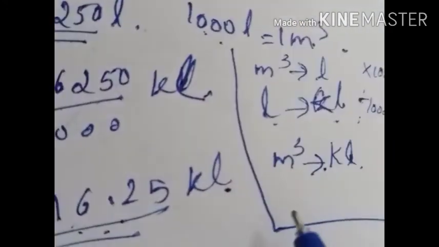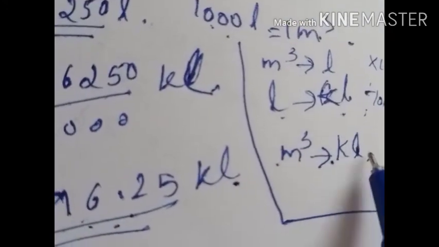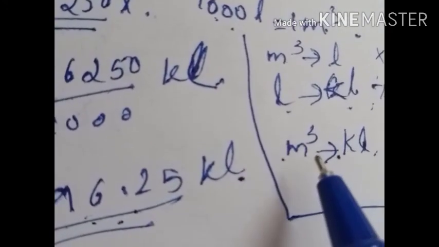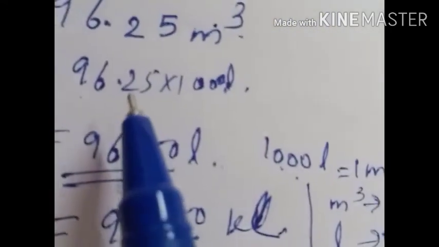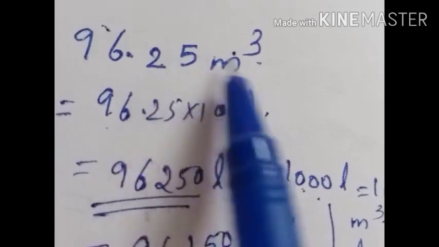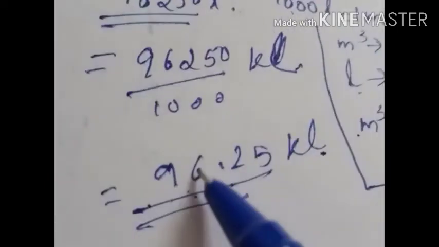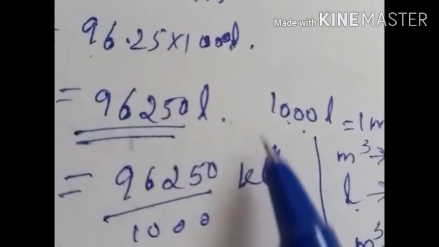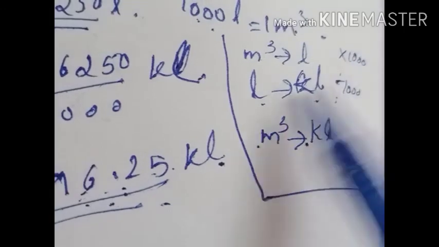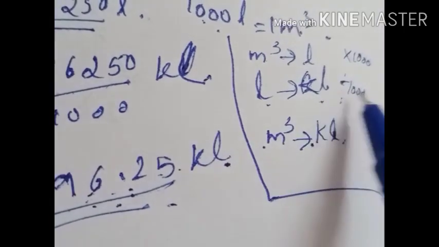To convert meter cube to kiloliter, no need to do any operation. Directly you can change. So here we got 96.25 meter cube. That is the same as 96.25 kiloliter. Actual calculation is this, but to convert meter cube to liter, multiply by 1000, and liter to kiloliter, divide by 1000.